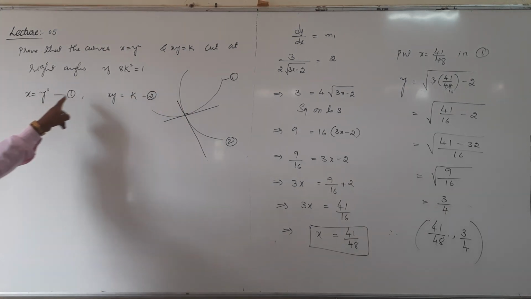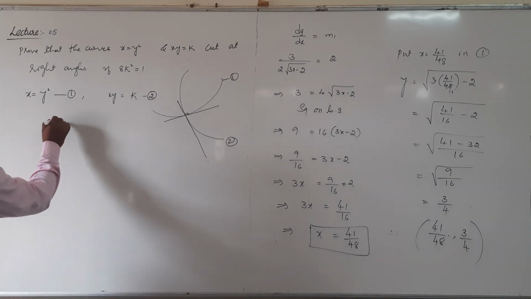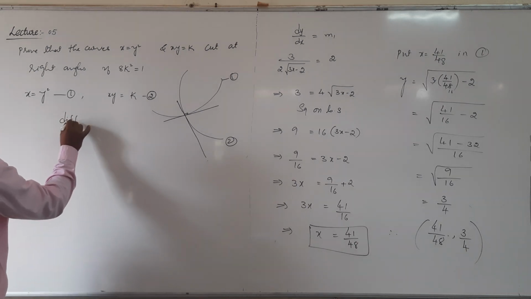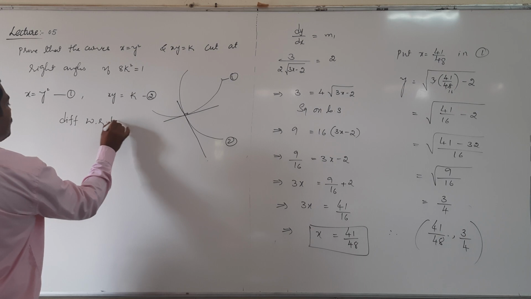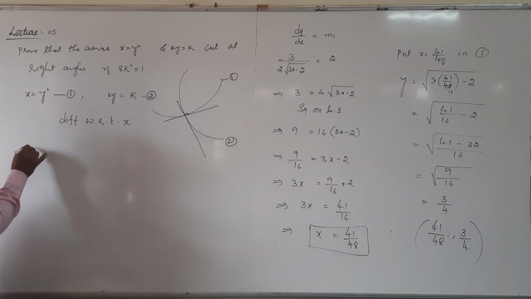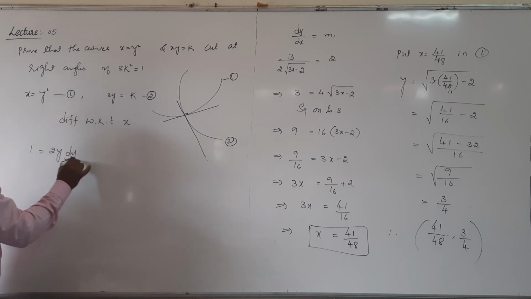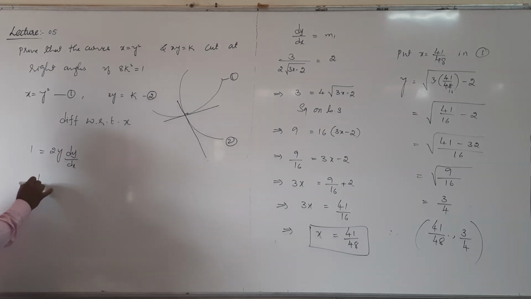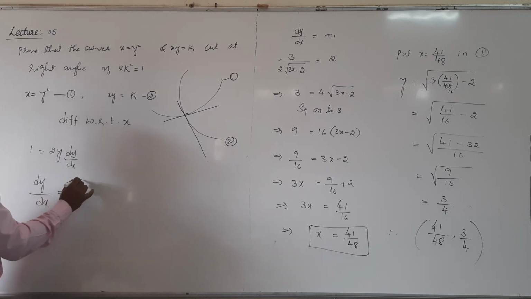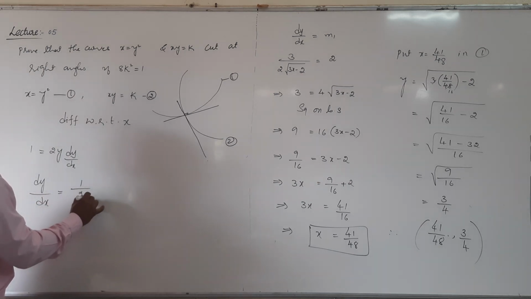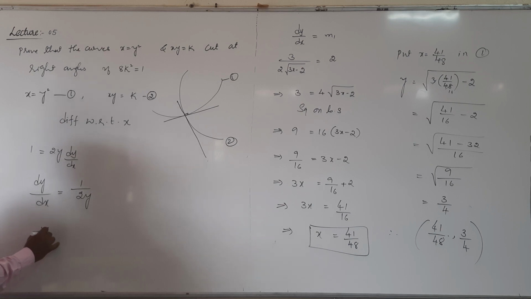Now differentiate first curve as well as second curve with respect to x. Then 1 is equal to 2y into dy by dx. Then dy by dx equal to 1 divided by 2y.